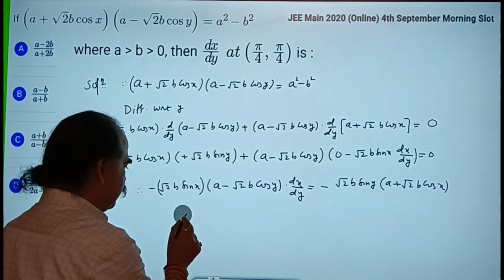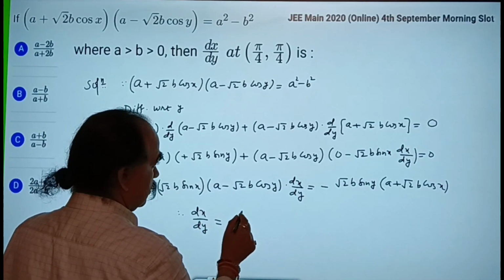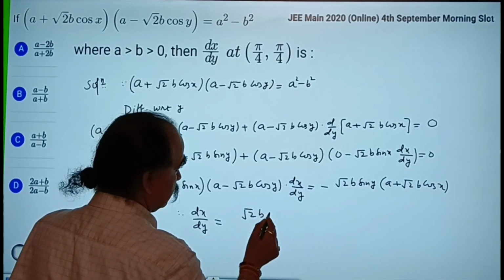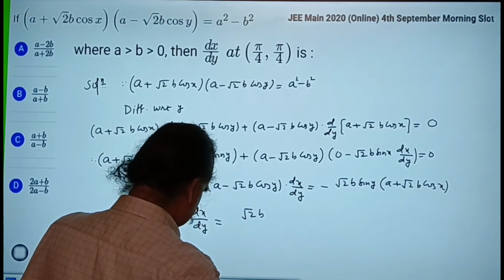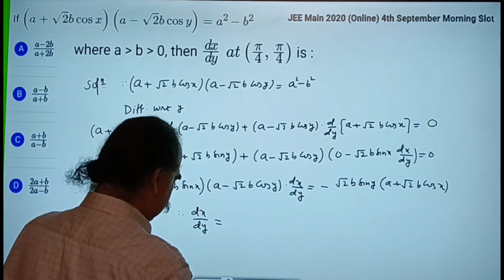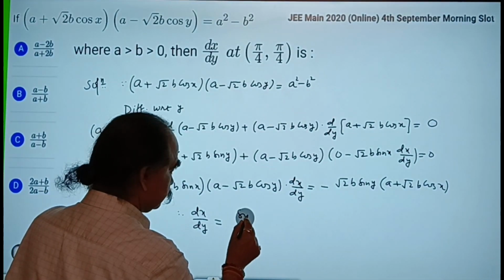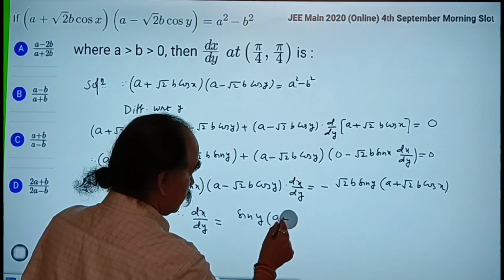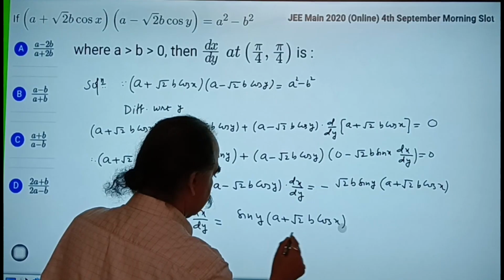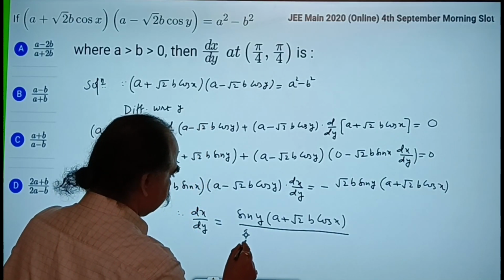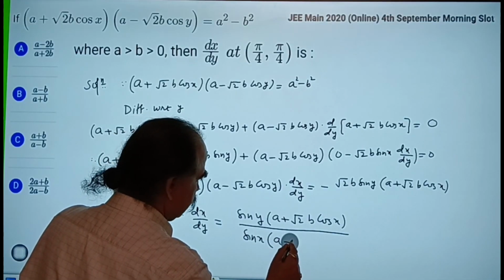Minus minus cancels, so dx by dy is root 2b sin y, and root 2b also gets cancelled, sin y upon sin x into a plus root 2b cos x upon a minus root 2b cos y.